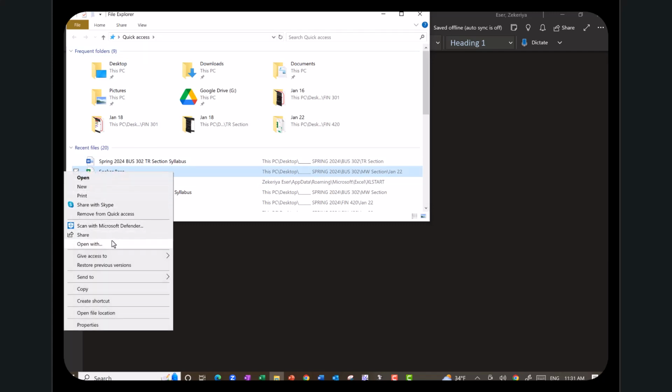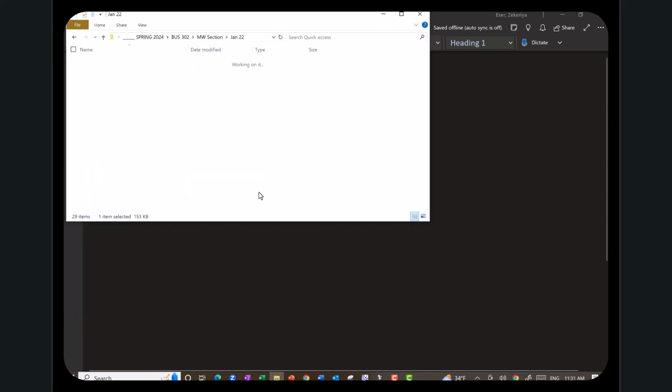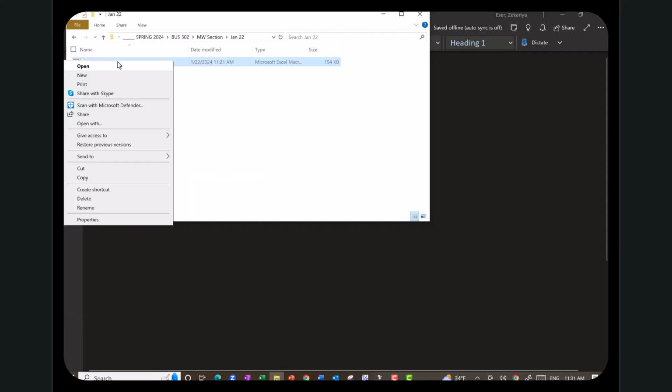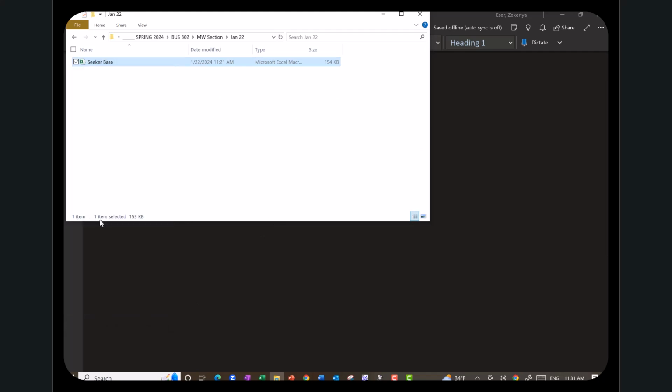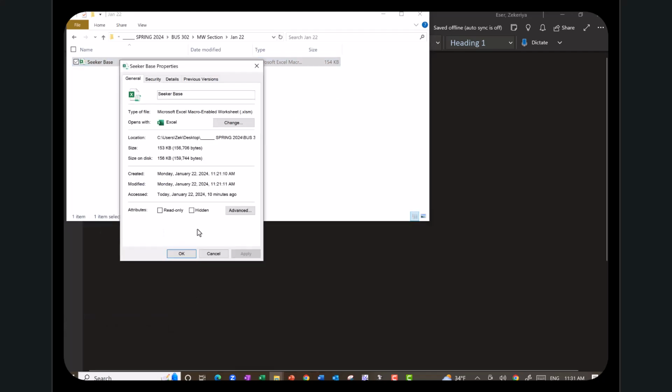Open file location. Right click on the file name and hit properties. If it was protected, there would have been a little button here that says unprotected. Click that box, okay?